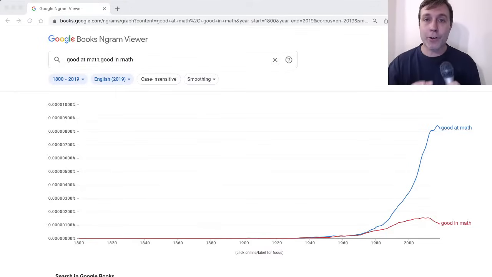Looking at the graph, you can see that good at math is a lot more frequently used. Ngram Viewer is a source that pulls different writing from the internet, whether it's news articles, academic articles, blogs, websites, and it's a good reference for trying to understand which one is more commonly used.